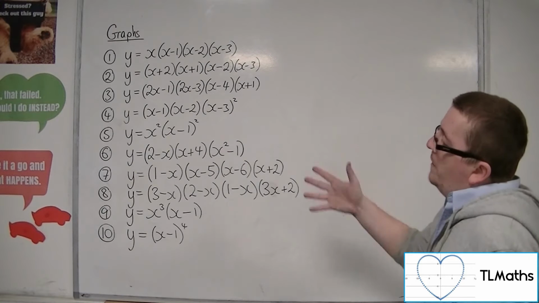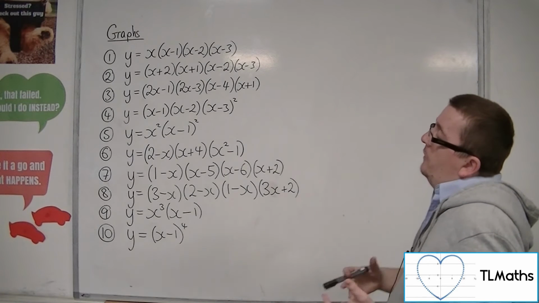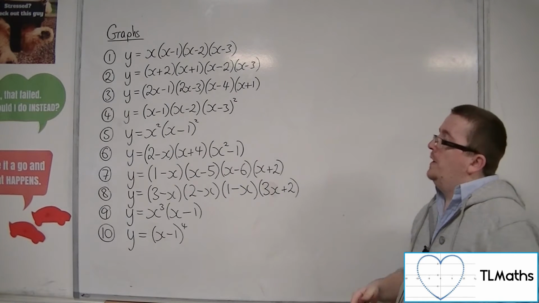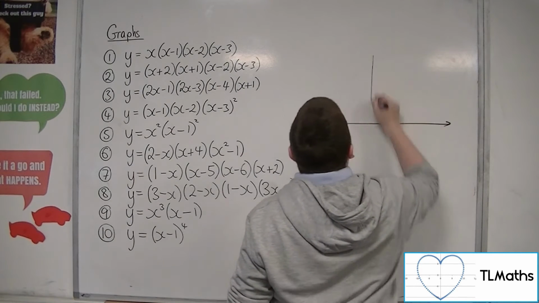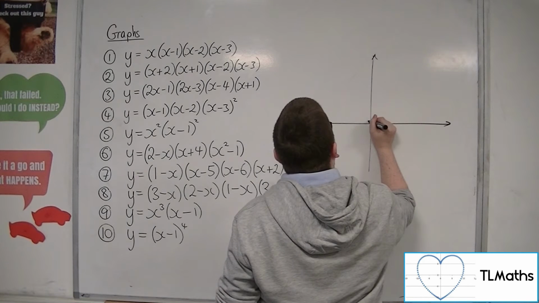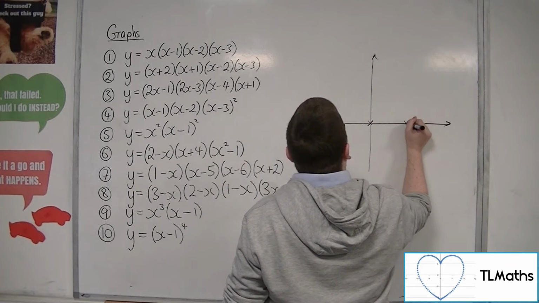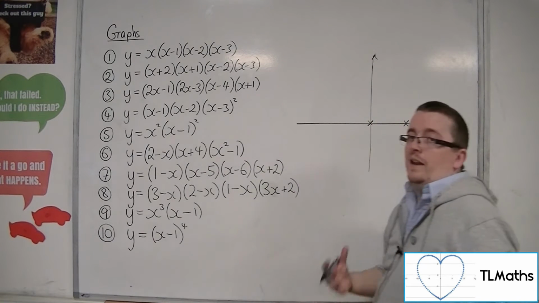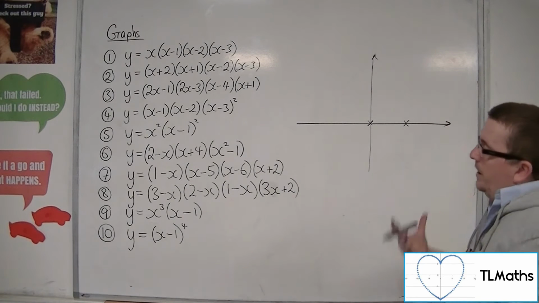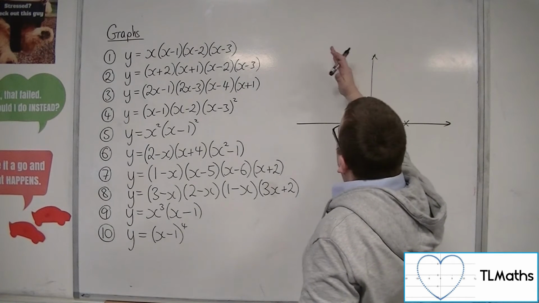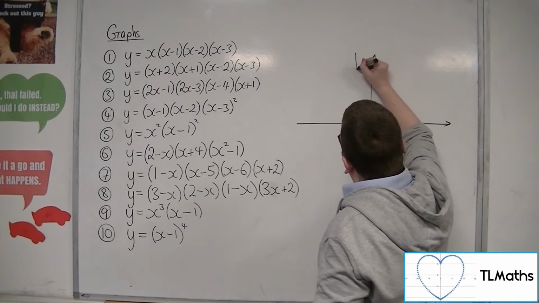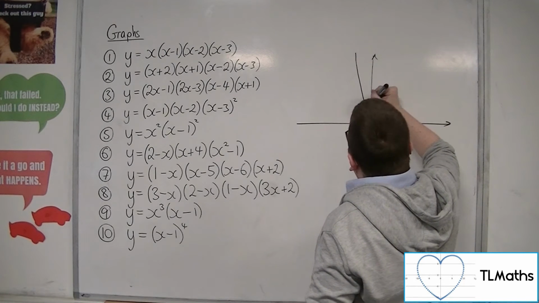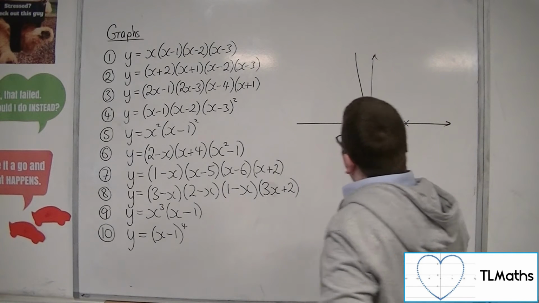Okay, so number 5, we've got y is equal to x squared times x minus 1 squared. Now, seeing as the curve is only touching the x-axis at 2 points here, we've got 0 and 1. The curve must start on the top left, okay? So it must come down and hit that point.